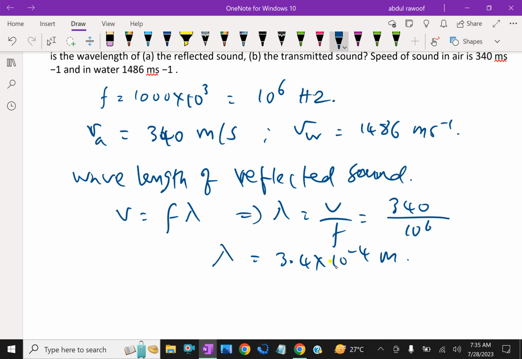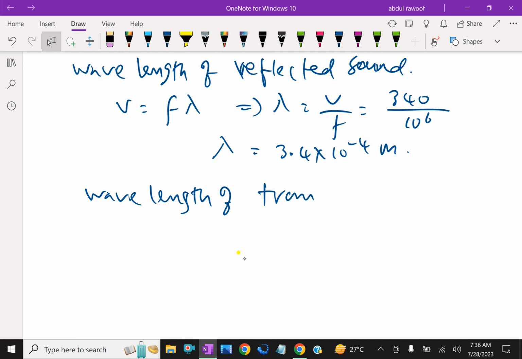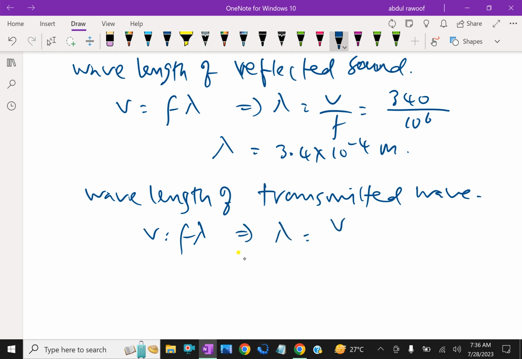This is the wavelength of the reflected wave sound. Then wavelength of the transmitted wave through water. Transmitted wave is the same, v equal to f lambda, and lambda equal to v water over frequency.